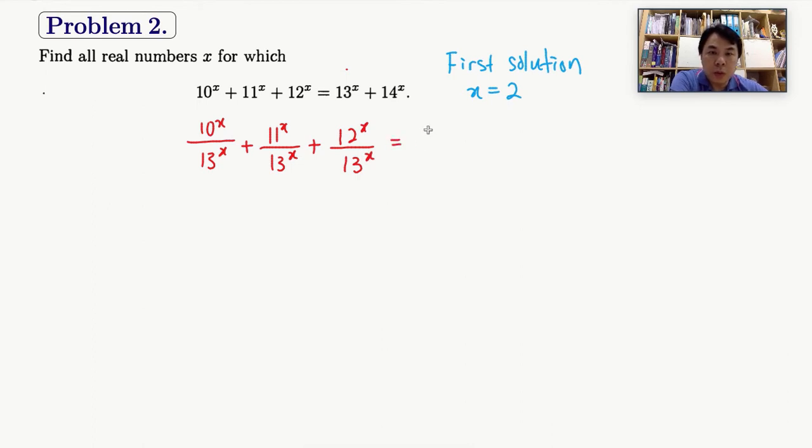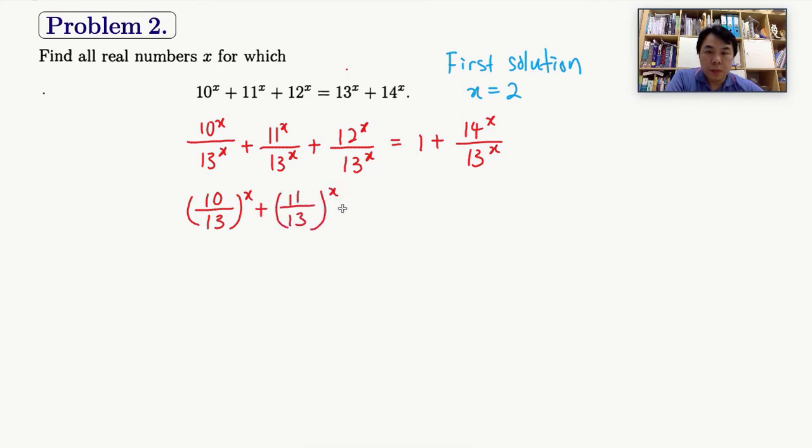And then what else do we have? 13^x divided by 13^x is basically just a 1. So plus (14/13)^x, and then just by describing it properly, I would have this: (11/13)^x equals 1 plus (14/13)^x.